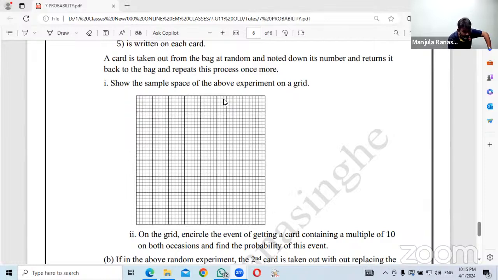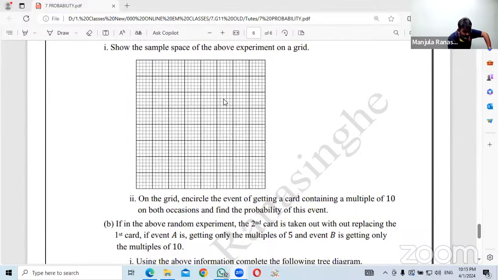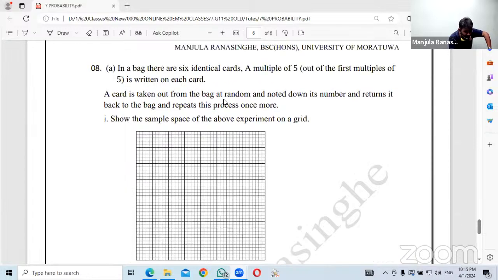Mark the sample space of the above experiment on a grid. In the bag there are 6 identical cards, and multiples of 5 are written on them. The numbers on the cards are 5, 10, 15, 20, 25 and 30. That is the first card drawn, and here the second card can also be 5, 10, 15, 20, 25, 30.